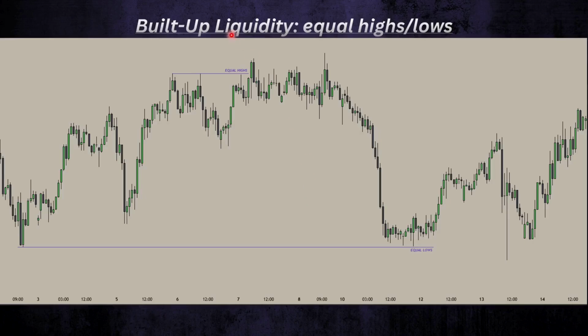And the clearer those highs and lows look, the more liquidity is sitting behind them. Sooner or later, price will reach into one side, clear the pool of stops, and then deliver in the opposite direction. That's the real meaning of built-up liquidity. It's not structure holding, it's liquidity accumulating.